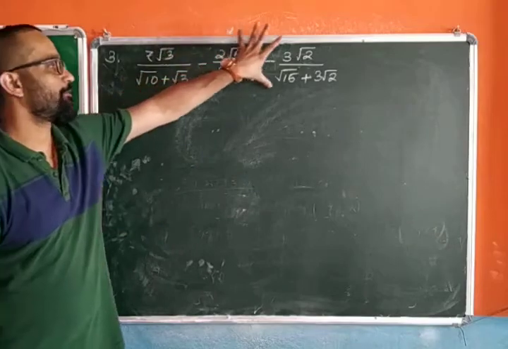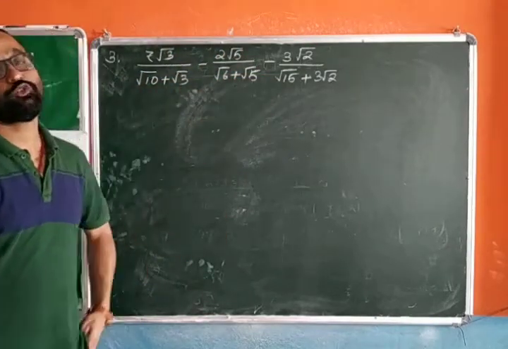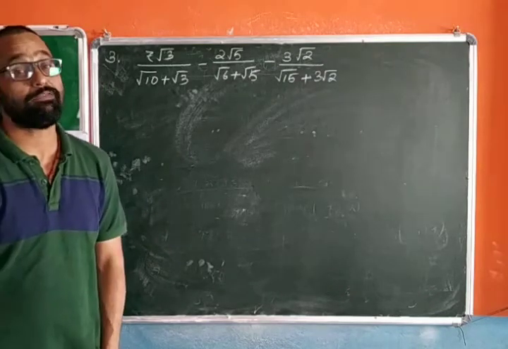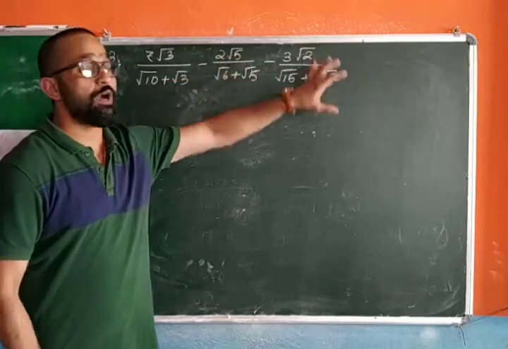You are asked to simplify this question. For each term, you need to identify the rationalizing factor. Rationalize the first one, second one, third one, then simplify.